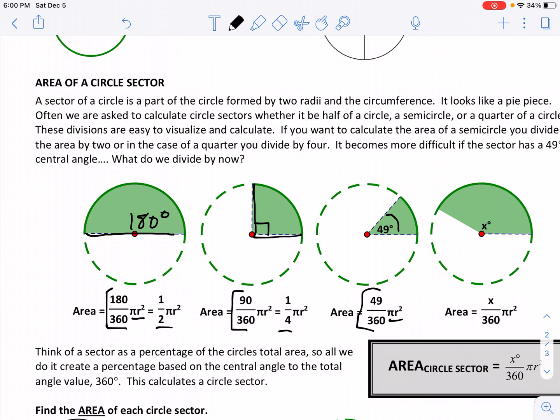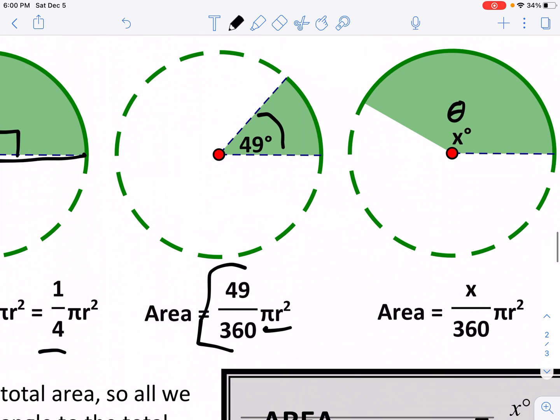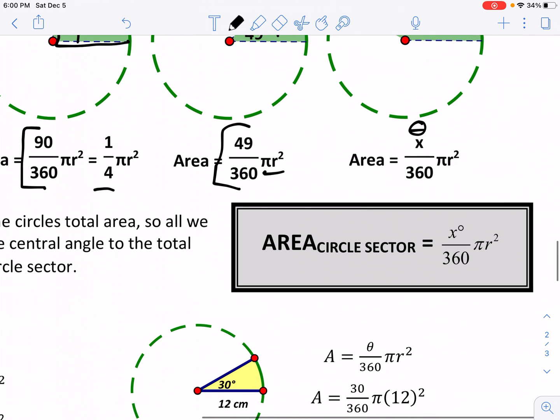And then eventually, I think what we used was actually theta, but we could use x here, in which case we're talking about the angle, the central angle divided by 360 times pi r squared is going to give us the area of that sector of the circle. Okay, so that's what this is here, and I actually prefer using theta versus x, so that's what I'm going to put there.